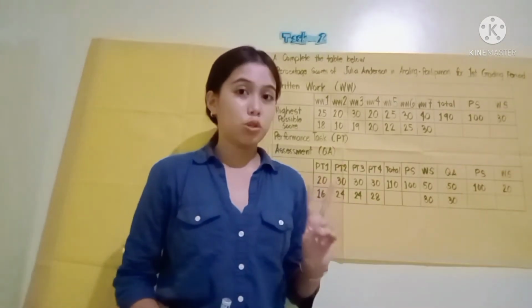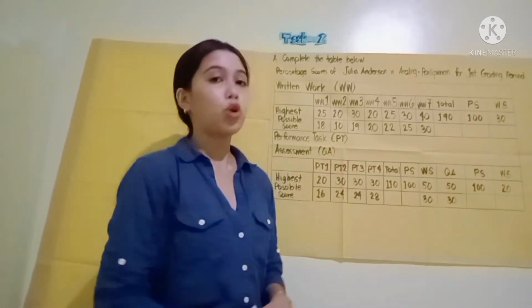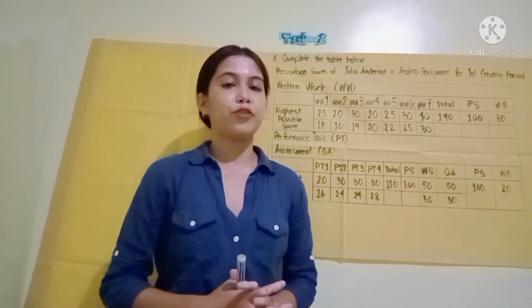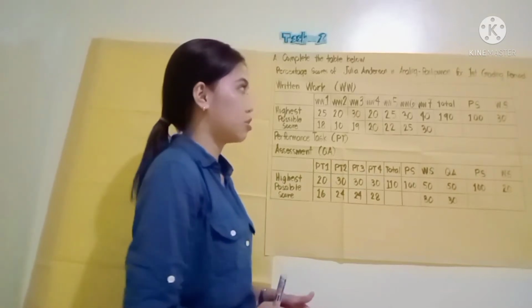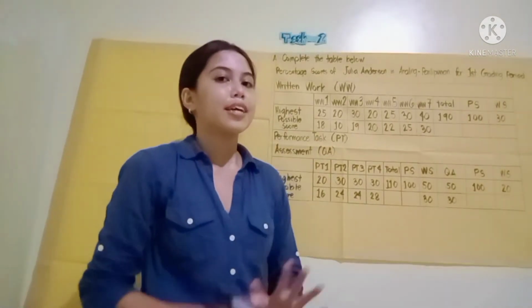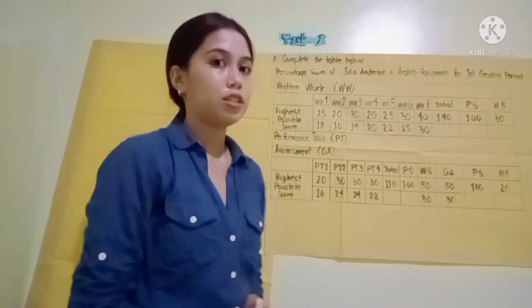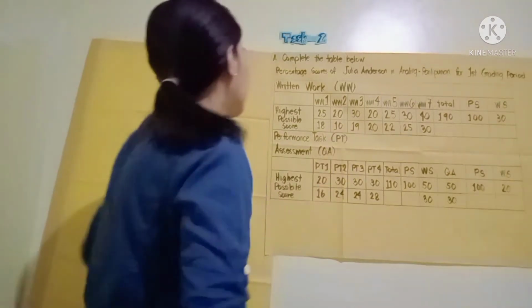Next is the task 2A. So in this table, you will see the percentage scores of Julia Anderson in Araling Panlipunan for the first grading period. So we need to study the table first. In order to get the total raw score of Julia Anderson in the written work, we need to add her scores.